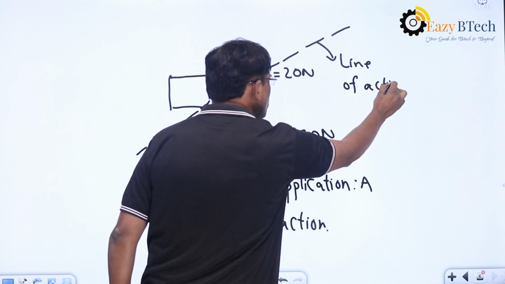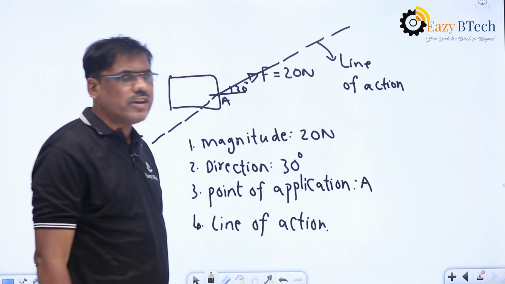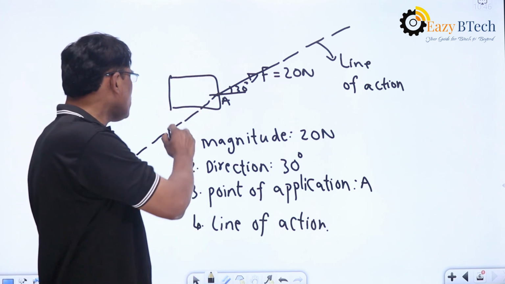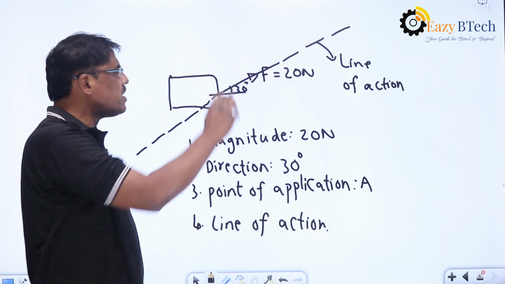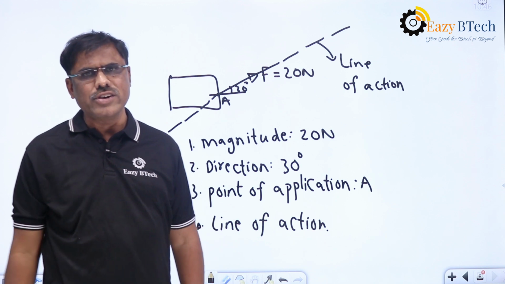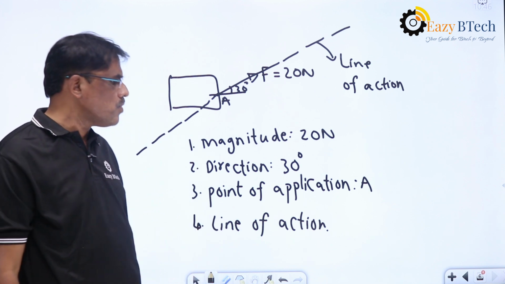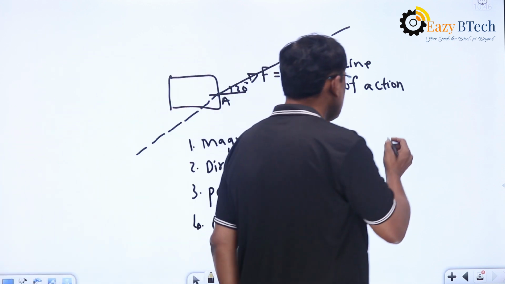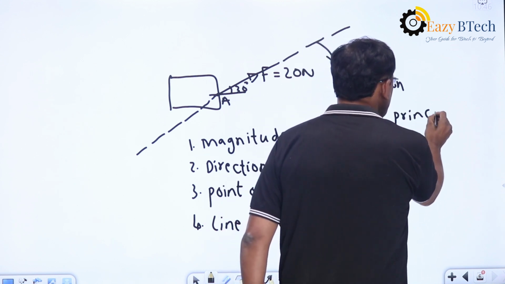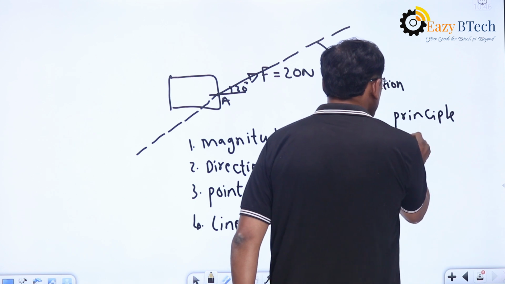Line of action is important in engineering mechanics because whenever a force is taken to any point along its line of action, its external effect is not going to be changed. This is important. This particular principle is known as the principle of transmissibility of force.